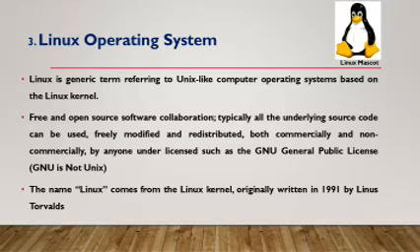GNU means GNU's Not Unix. The name Linux comes from the Linux kernel, originally written in 1991 by Linus Torvalds. So these are the major aspects of the Linux operating system, a generic term referring to Unix-like computer operating systems based on the Linux kernel.